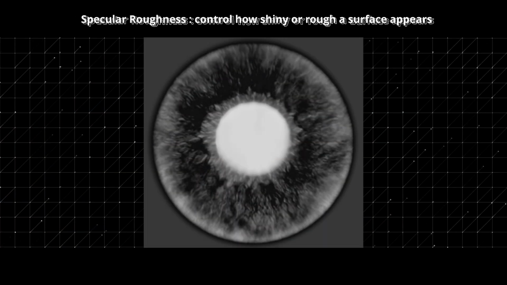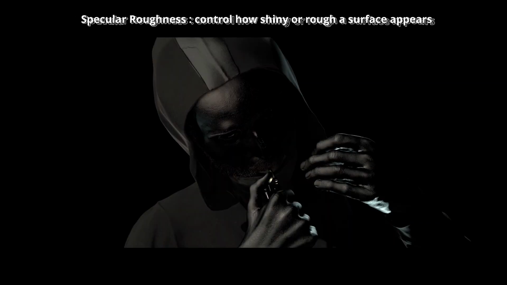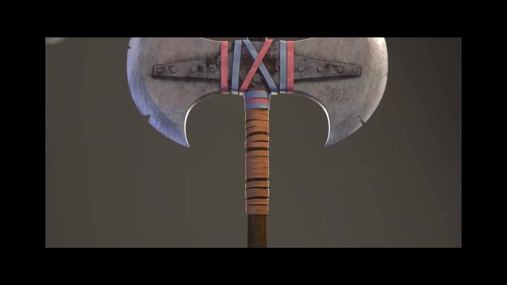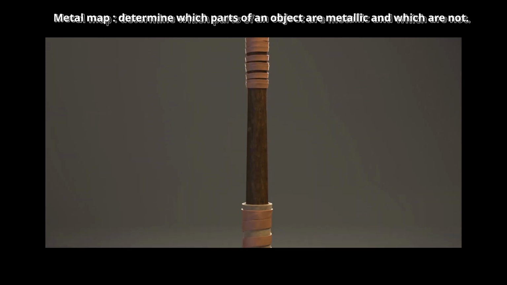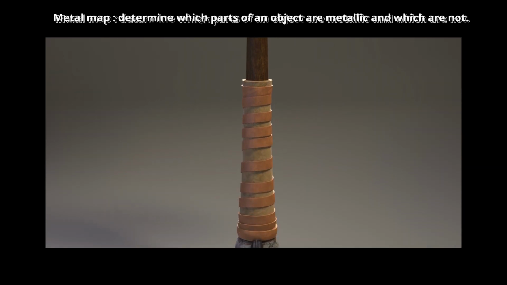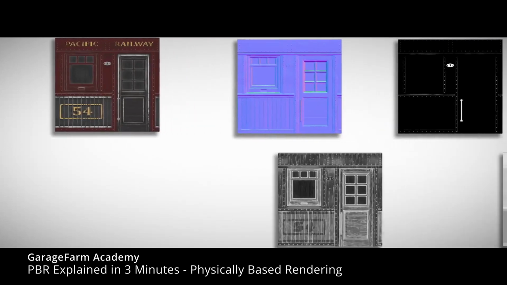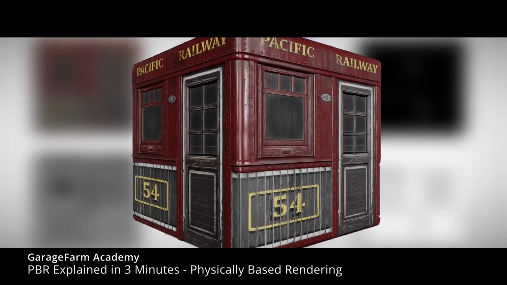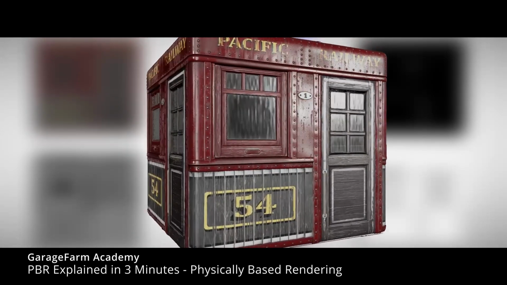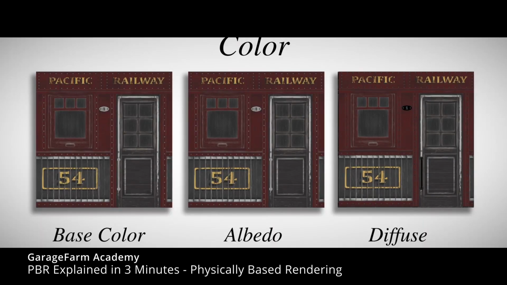Specular roughness is a map to control how shiny or rough a surface will appear. And with Arnold, I also need a metal map just to determine which parts of an object are metallic and which are not. Of course, sometimes you need many more, like subsurface, specular weight, bump, clear coat, but the list is long, so let's jump directly into Lookdev for now.